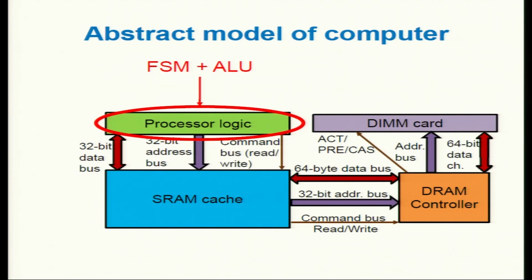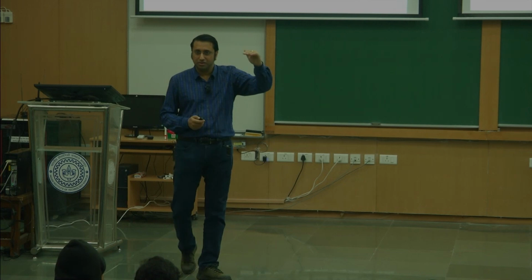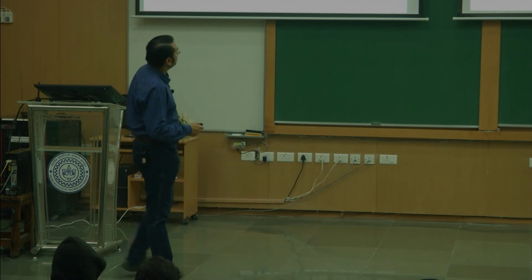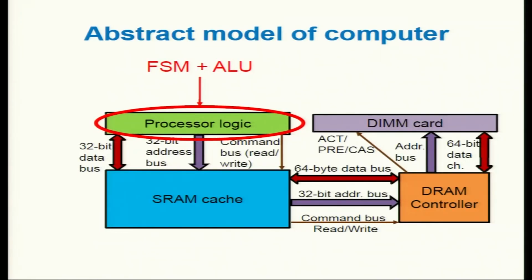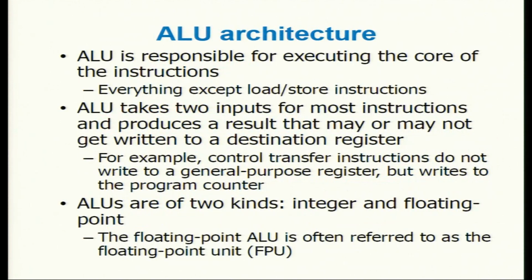All right, so again going back to our previous diagram of processor. So now we can see a little more detail. So this is essentially the state machine which we just talked about, 5 states going through one by one, fetch, decode, execute, so on. And we have our ALUs also here in this logic. So a little bit about the ALU.